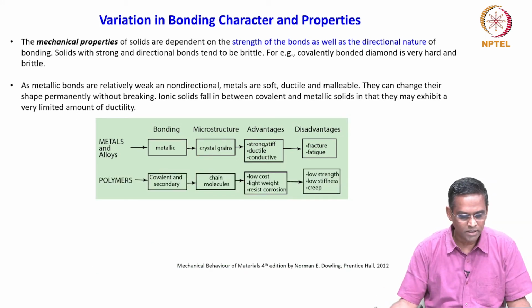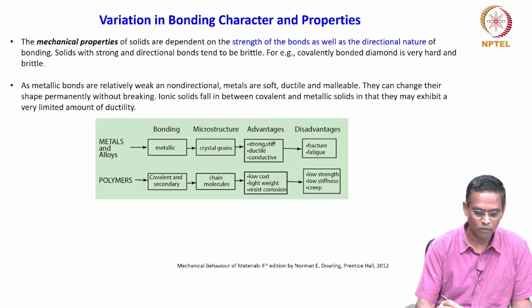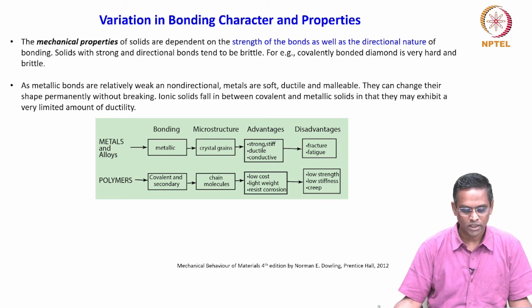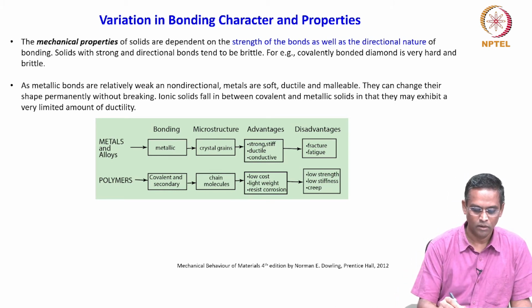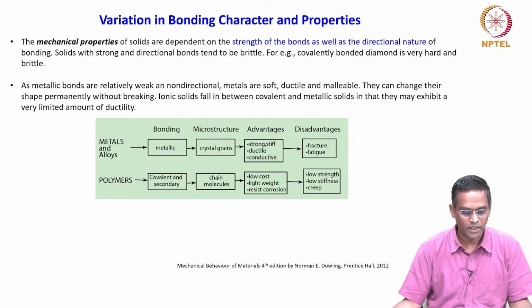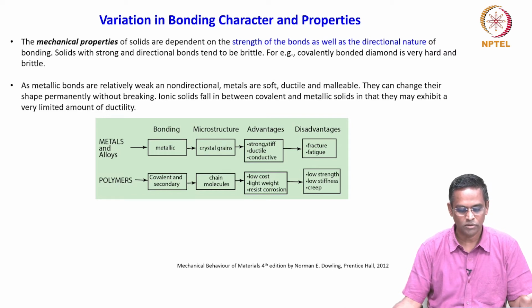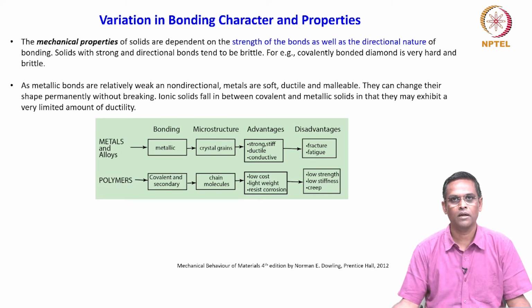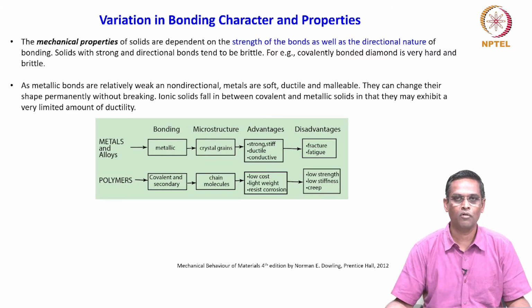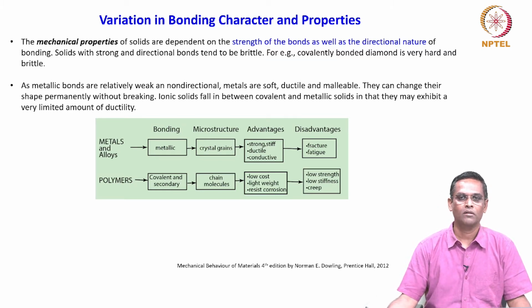And if you take polymers, they are all covalently bonded as well as secondary bonds. The microstructure will show that these materials consist of chain molecules, or the microstructure completely contains a molecular chain folded into some crystalline form or entangled form or tangled form and so on.